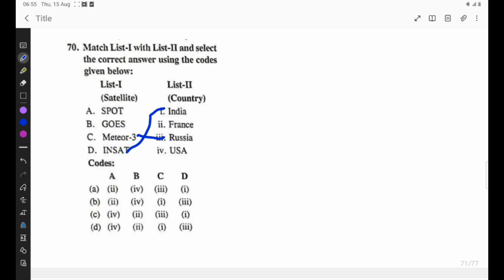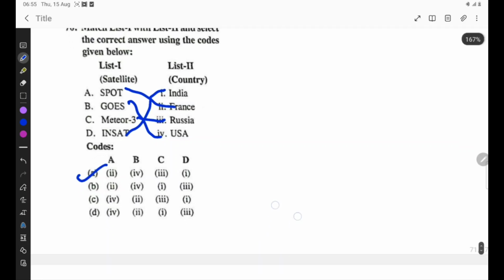GOES is for the US, I think, yes. B4 and SPOT is France. So 2 4, 3 1 2 4, 3 1. So option A is the correct answer here.